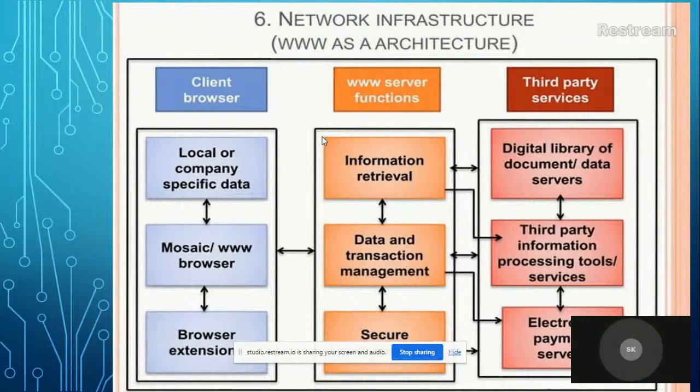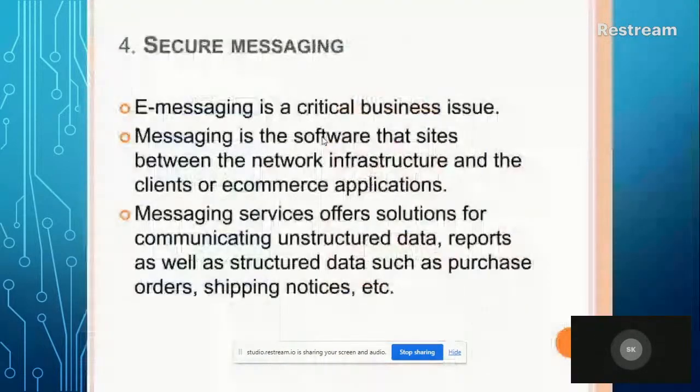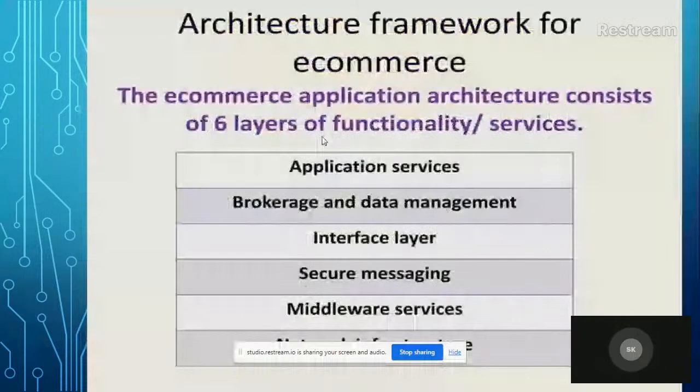Then the service function: the information is retrieved from that website, and data transactions are managed and secured. A third party, such as a digital library or document server, can also retrieve the data, and information tools are also processed, but the payment will be serviced with the help of electronics. So these are all the different architecture frameworks for e-commerce. There are 6 layer functions.